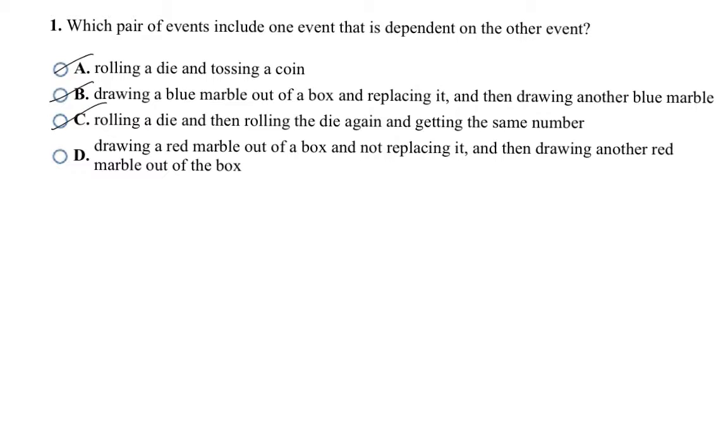You have a 1 out of 6 chance of getting each side each time, no matter how many times you roll. So it can't be C, so let's look at D. Drawing a red marble out of a box, not replacing it, and then drawing another red marble out of the box. Because it's not replaced, that makes it dependent, which is going to make D your final answer.